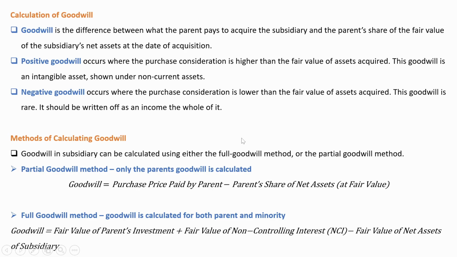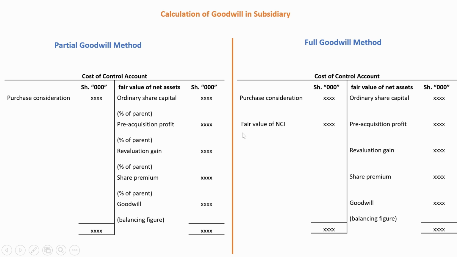So let us look at the format that we normally use to calculate goodwill. Using both methods, on one side we have the format for partial goodwill method. On the other side we have the format for full goodwill method. The account we normally prepare to calculate goodwill in subsidiary is called cost of control account.